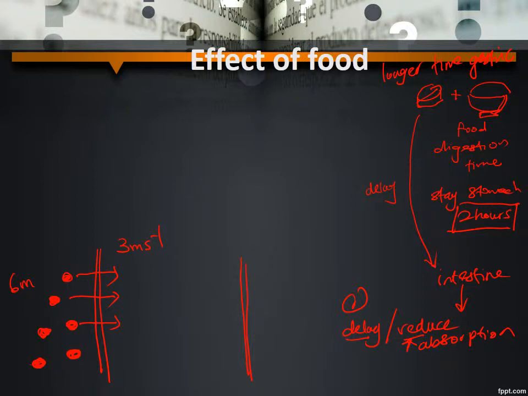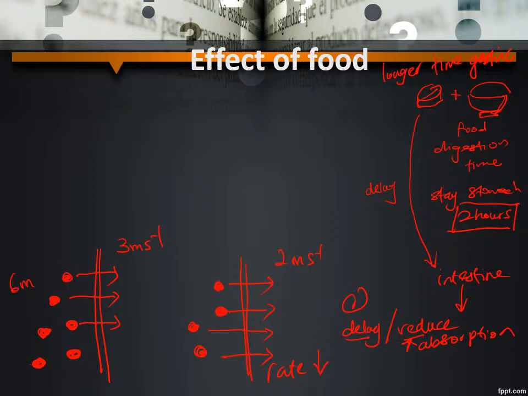But when you have food, the arrival of the drug molecules into the intestine is delayed, so they come slowly, maybe 2 by 2. So in the first second only 2 of them arrive, so you will just absorb 2 molecules per second, and then later on you have another 2, and slowly so on and so forth, but the rate has been reduced.